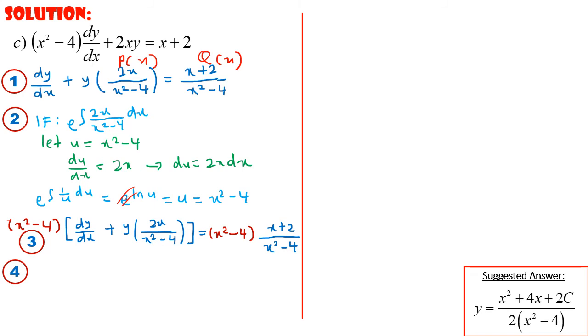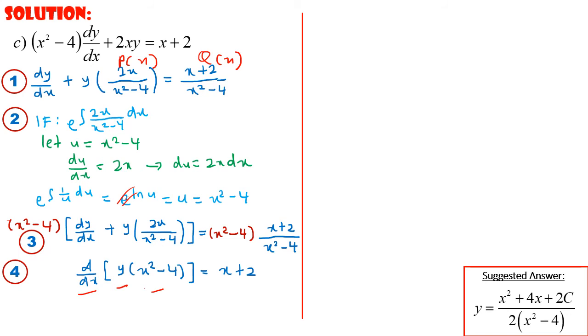Remember, I already mentioned to you, we just rewrite d/dx outside and then y times integrating factor inside. So basically these are the three items on the left hand side of the equation.